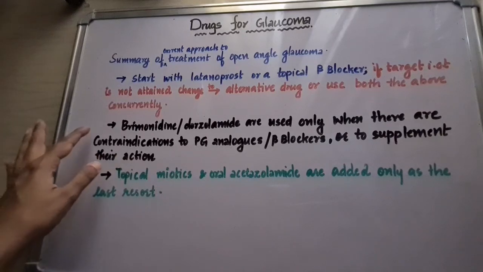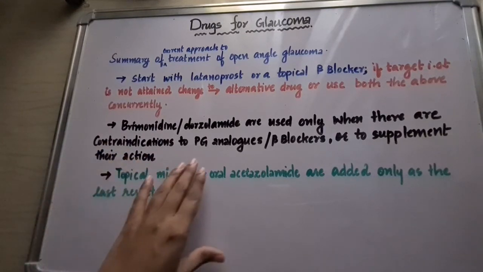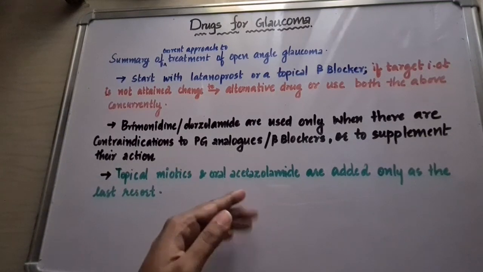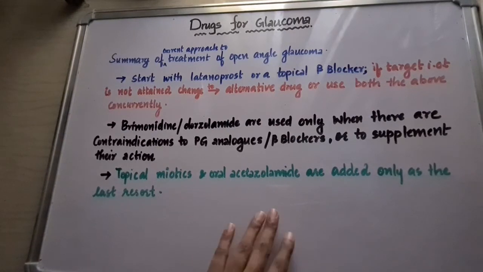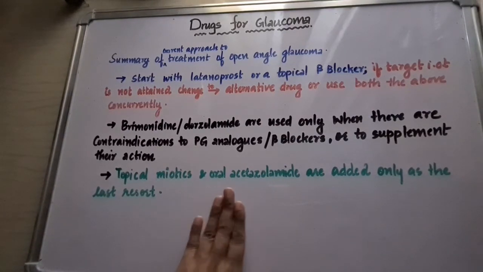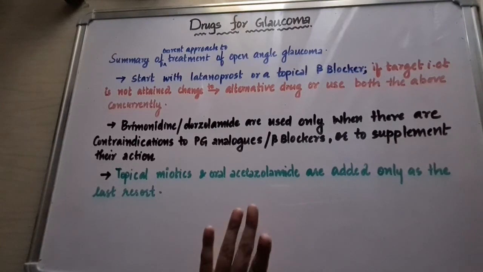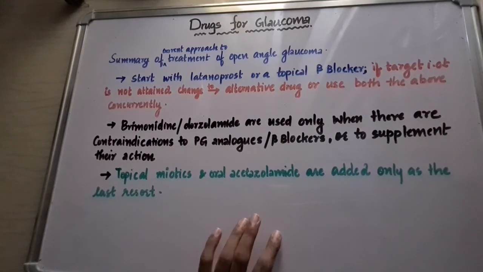Brimonidine and dorzolamide are used only when there are contraindications to PG analogues or beta blockers, or to supplement their action. Topical miotics and oral acetazolamide are added only as the last resort. So this is the summary of the current approach to treatment of open angle glaucoma.